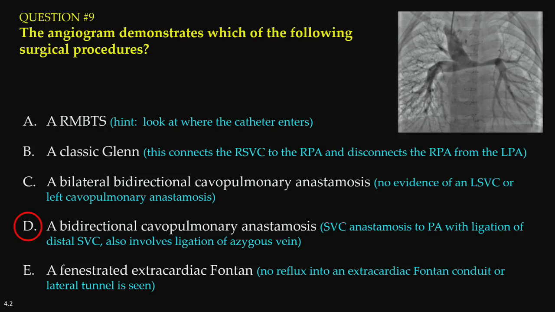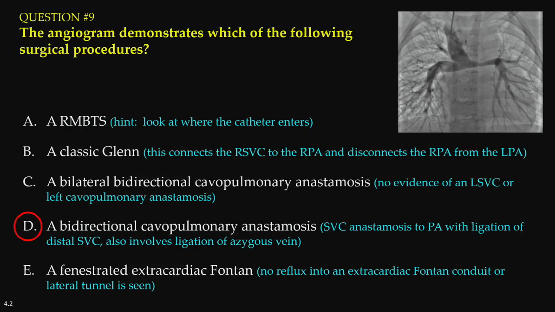A classic Glenn, remember, connects the right SVC to the RPA, and usually the LPA is disconnected from the RPA. So the RV continues to provide flow to the LPA. You see that LPA stenosis, and that might have triggered that, but this is a typical bidirectional cavopulmonary anastomosis.